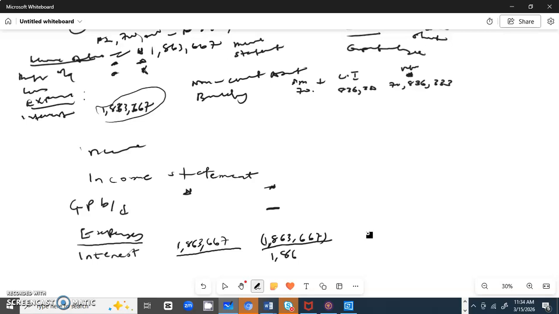A net loss of 1,863,667. So recognize it as what? As a net loss.